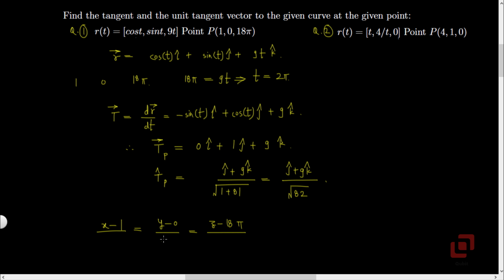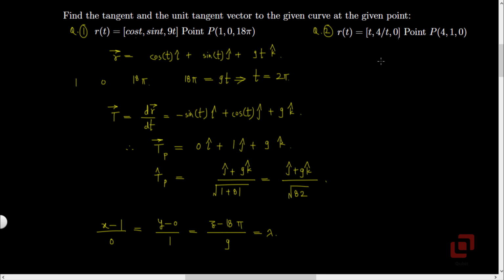In the denominators of these three fractions, we will substitute 0, 1 and 9, because 0, 1 and 9 are the direction ratios of the tangent. So the equation will be x minus 1 upon 0 equal to y minus 0 upon 1 equal to z minus 18 pi upon 9 equal to some parameter lambda.